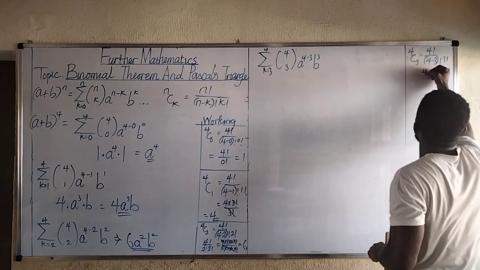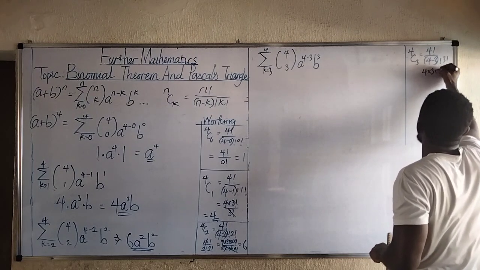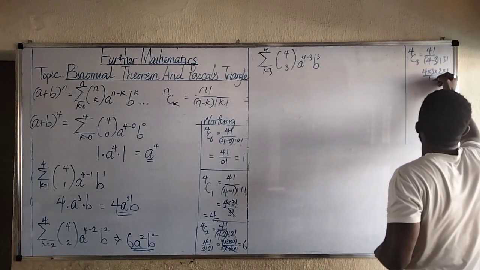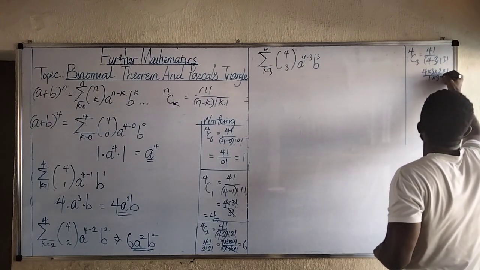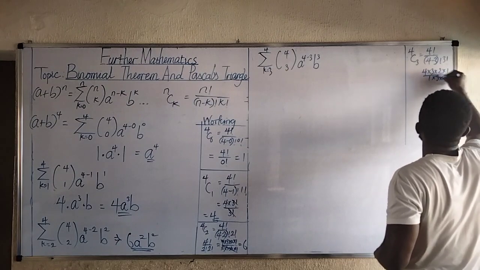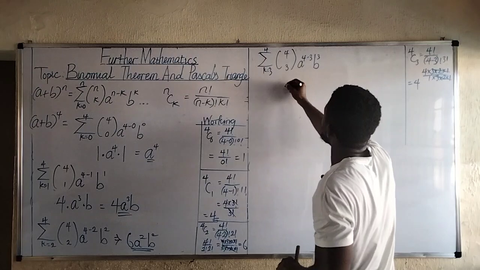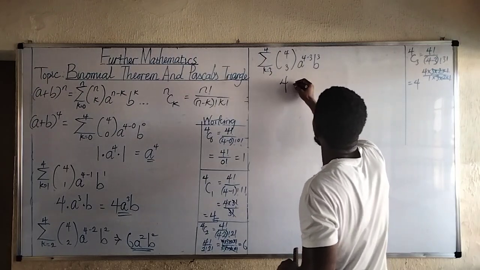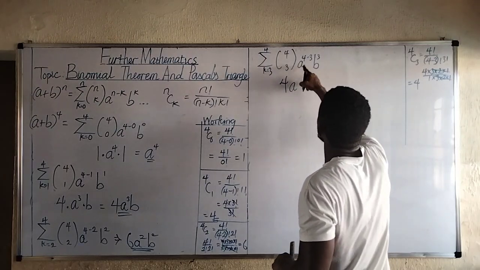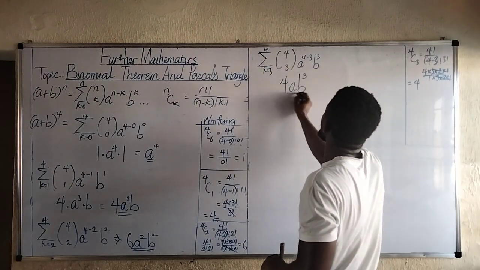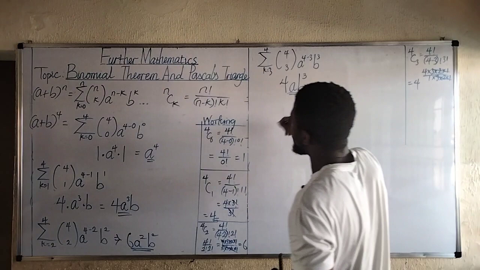So I'm going to have 4 times 3 times 2 times 1 all over this is already 1 times, this will be 3 times 2 times 1. This cancels. We have that our coefficients here will now be 4. a raised to power 4 minus 3 is 1, and b raised to power 3. So this is what we get for k equal to 3.